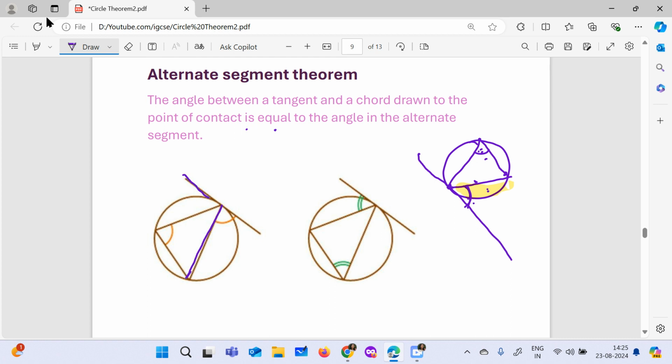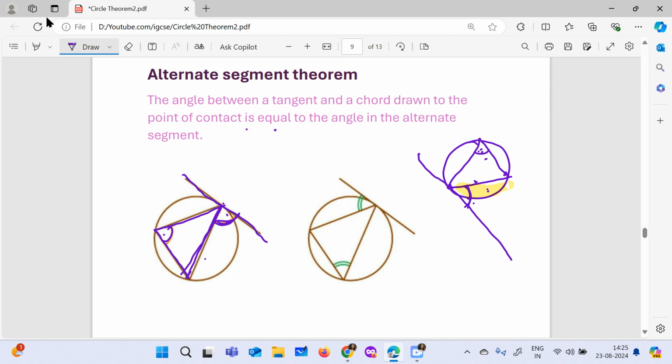So this is the tangent and the chord, and an angle is formed. Now this is one segment and its alternate segment is here. From this chord there is an angle formed in the alternate segment, and this angle will be equal to the angle formed by the chord and tangent. Is this clear?